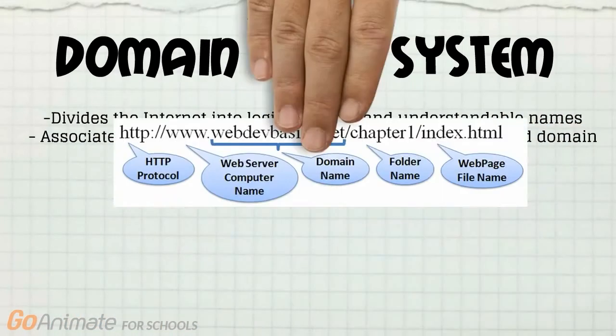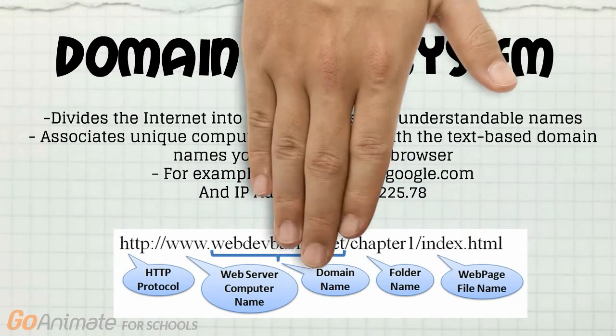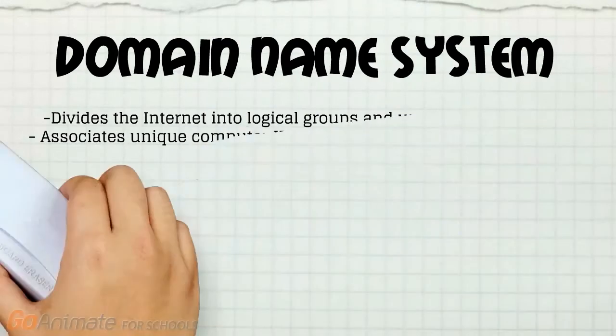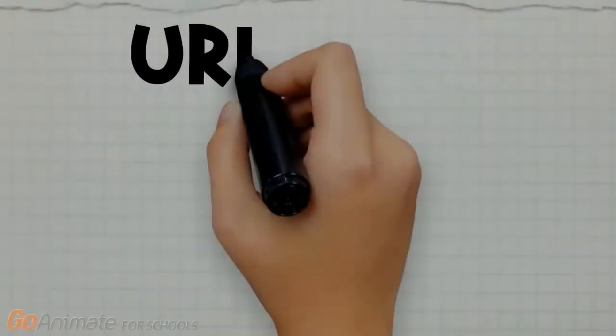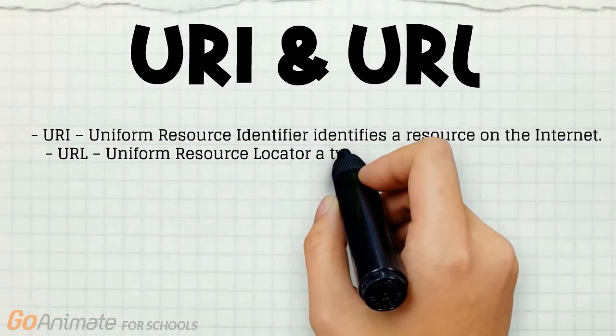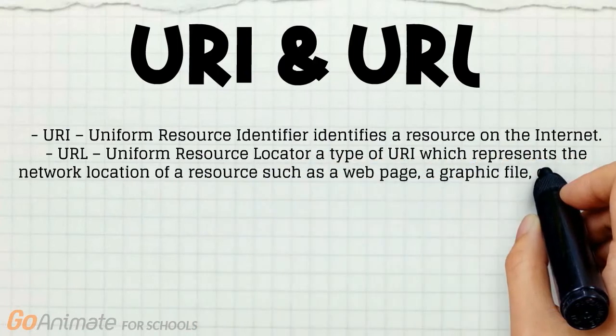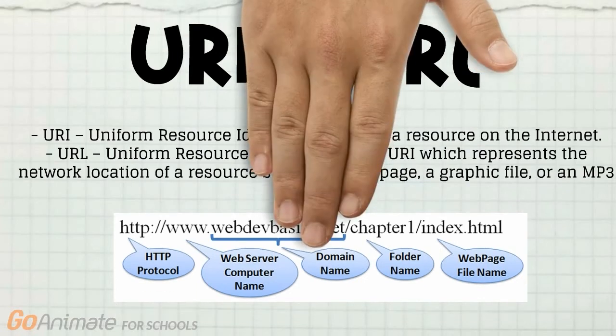It associates unique computer IP addresses with the text-based domain names in browsers. A Uniform Resource Identifier (URI) identifies a resource on the Internet, while a Uniform Resource Locator is a type of URI which represents the network location of a resource.